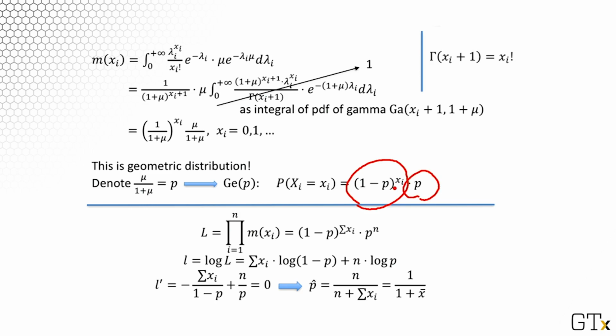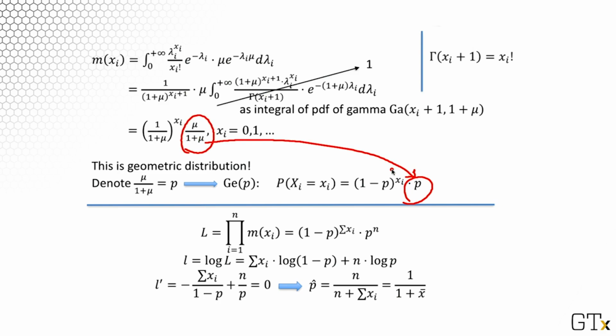The number of failures in independent subsequent trials is 1 minus p raised to the xi, and then after xi failures, there is success. And xi could be 0, 1, 2, and so on. That generates a geometric distribution. The parameter p, you can recognize in this case, is equal to mu over 1 plus mu.